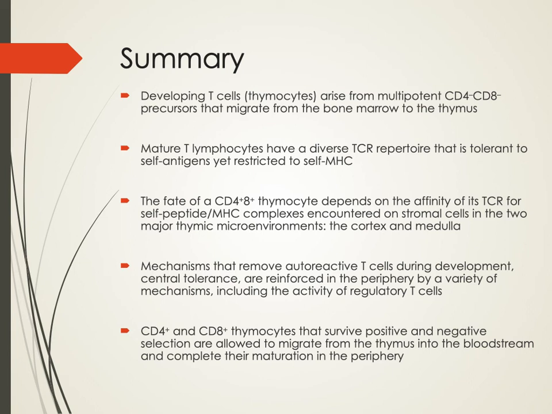Both the CD4 and CD8 thymocytes have to survive positive and negative selection to be allowed to migrate through the thymus, and all these steps are highly regulated. So, regulation from what cytokines are being produced, what surface markers they have, so what receptors they have, so that they can sense those different factors too.